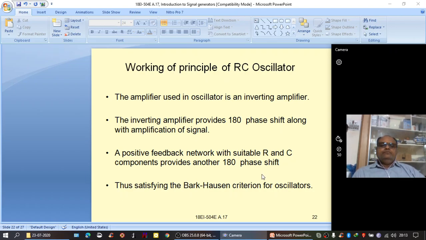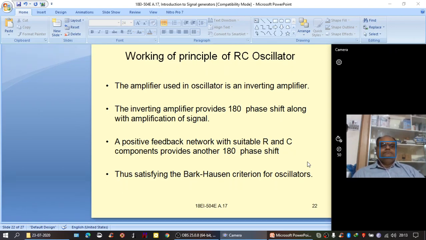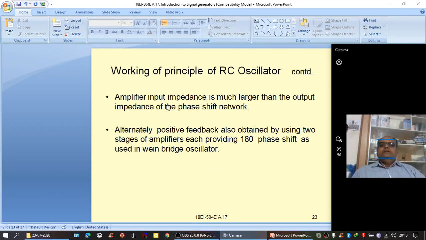A positive feedback network with suitable R and C components provides another 180 degrees phase shift, thus satisfying the Barkhausen criteria for oscillators. The amplifier input impedance is much larger than the output impedance of the phase shift network.